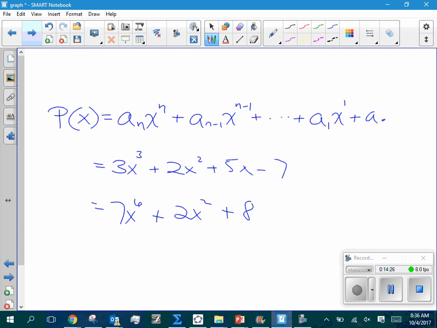I can take any number I want for x, plug it in, raise it to the 6th power, and get a number back, right? Now you take that number and multiply by 7 and still get a real number back, right? I can then add to that x squared again times 2 and still get a real number back, and add 8 and get another real number back, right?